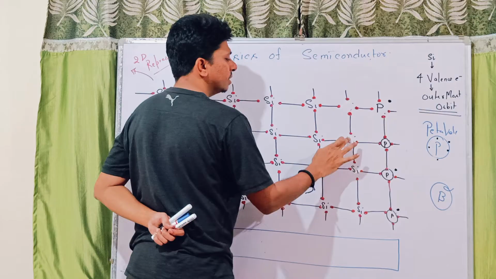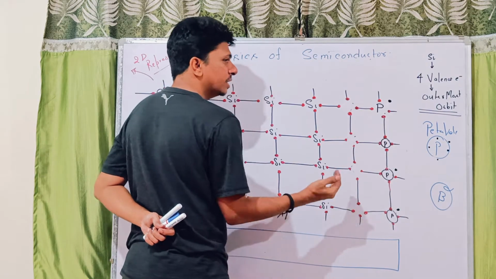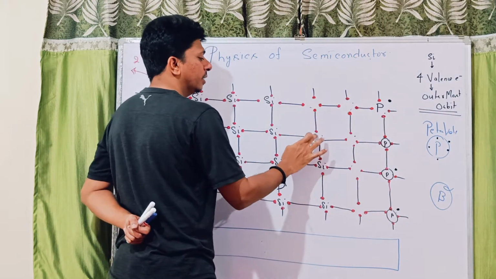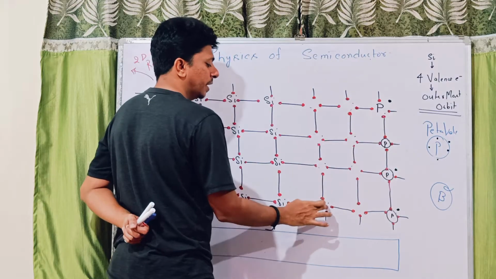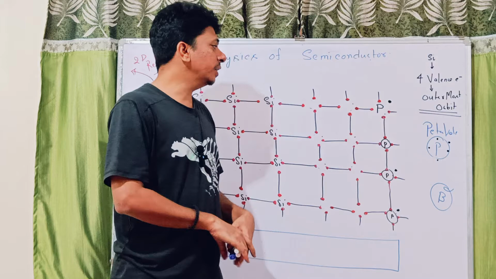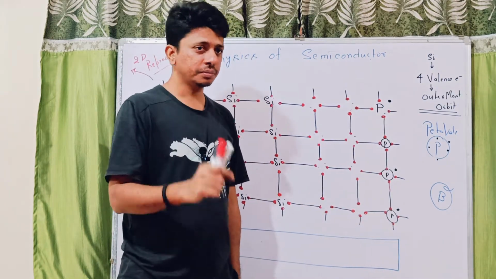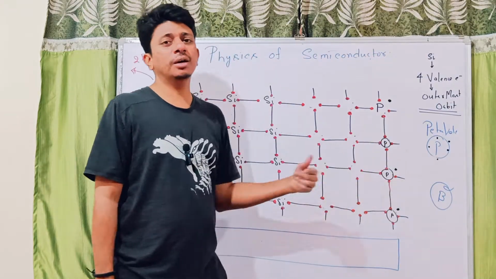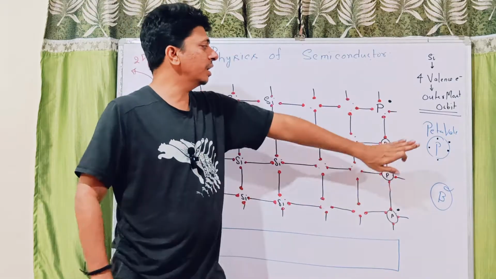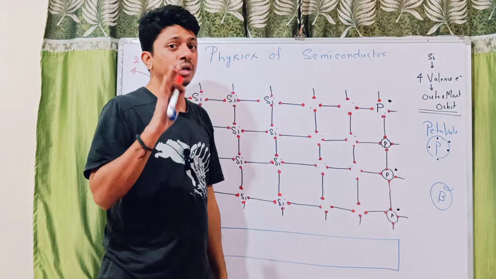Likewise, this silicon atom will be ejected, and in the same manner all these atoms will get replaced from the surface, and this process is called adding impurities, or another term, doping. So doping is a process in which the silicon atoms are replaced by another atom, and the addition of this another atom is called doping.